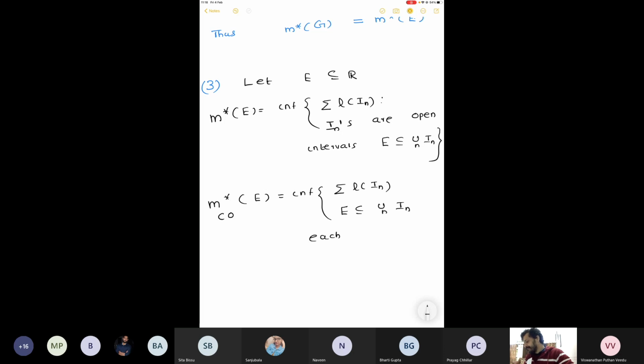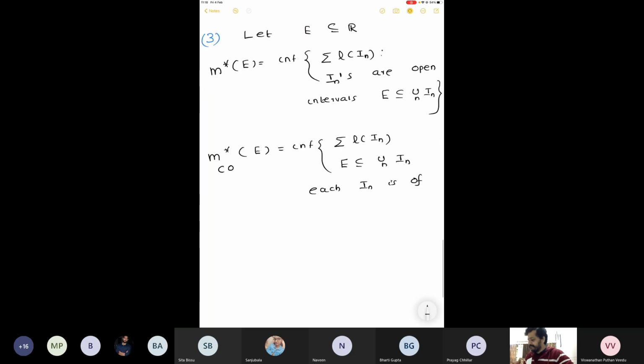Each In is of the form closed an, open dn. Closed from the left and open from the right. Again, INs are of the same type.